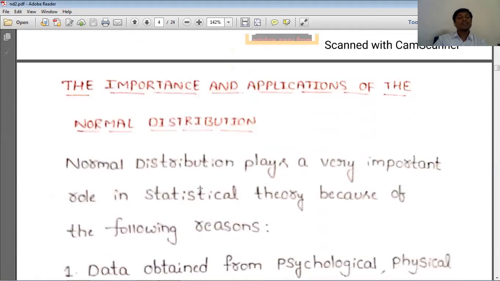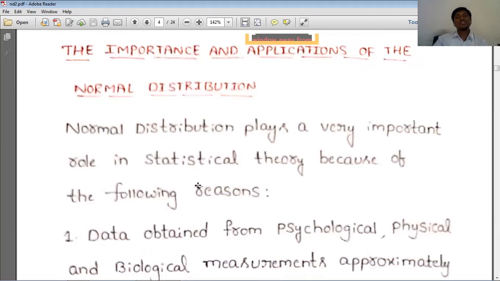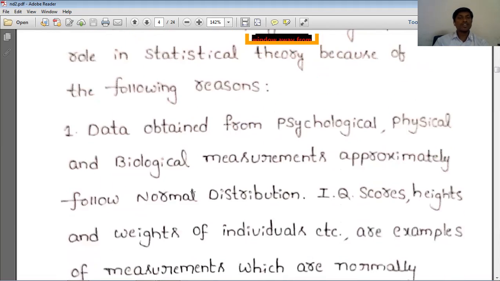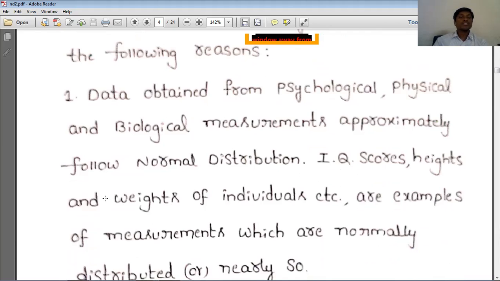And next, applications of the normal distribution. So what importance do we give to the normal distribution? Where do we use these applications? It plays a very important role in statistical theory because of the following reasons. First one, data obtained from psychological, physical, and biological measurements approximately follow the normal distribution.